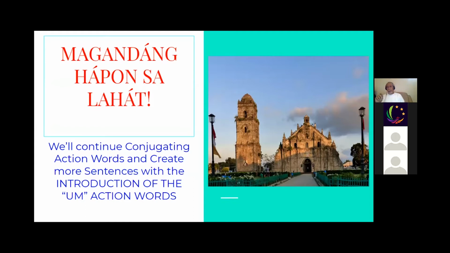So except for the "ka," the rest of the pronouns follow the "na." "Natulog na sila, natulog na kayo, natulog na tayo," right? So that I want you to take note of. Okay? So we're moving forward.